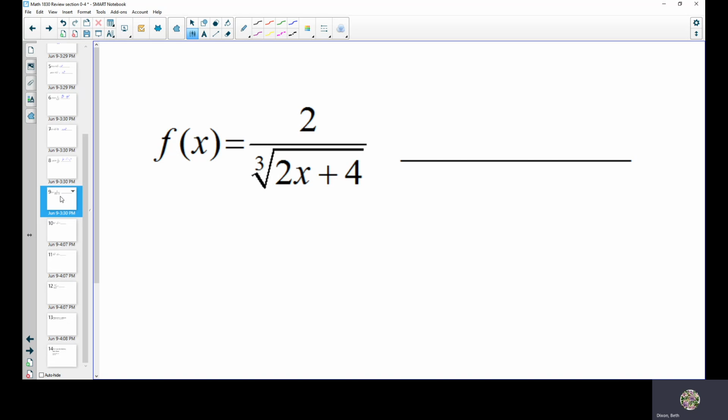So I have 2 over the cube root of the quantity 2x plus 4. I want to remember it is raised to the first power. So really I have 2 over 2x plus 4, all in parentheses, raised to the 1/3 power.